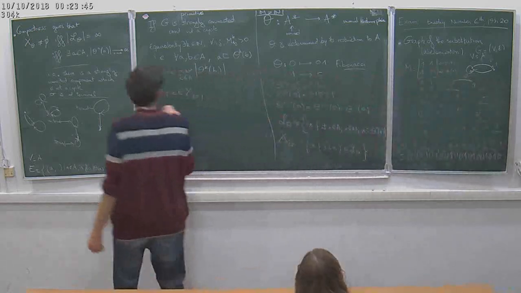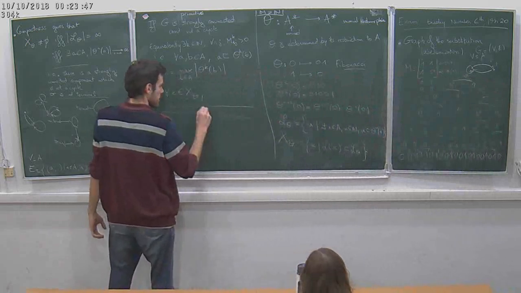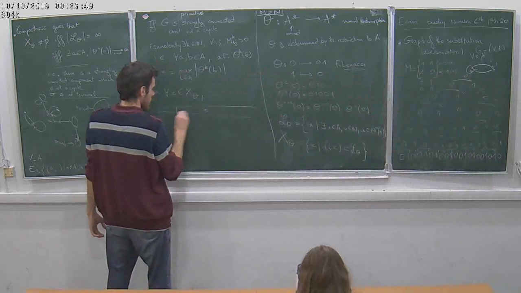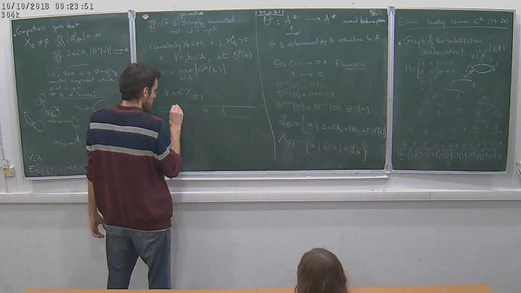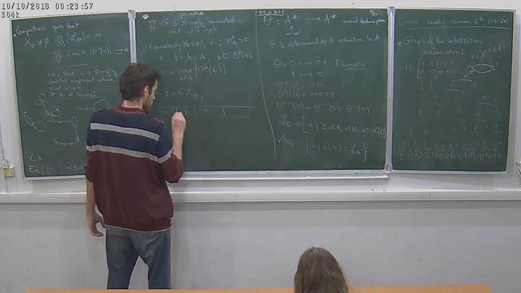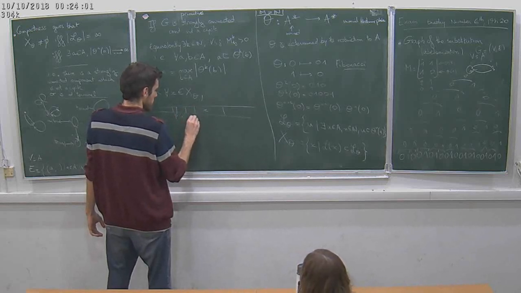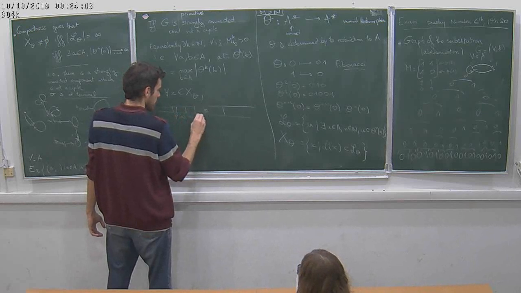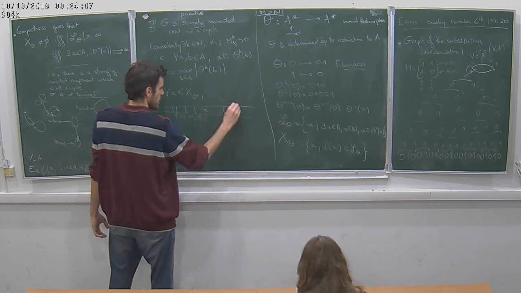So if I write x like this, I take any finite pattern, it must be like a sequence of phi of A1, phi of A2, phi of A3, etc.